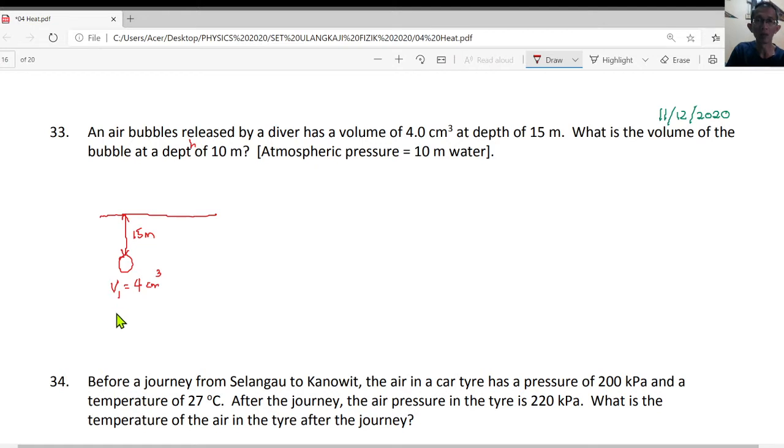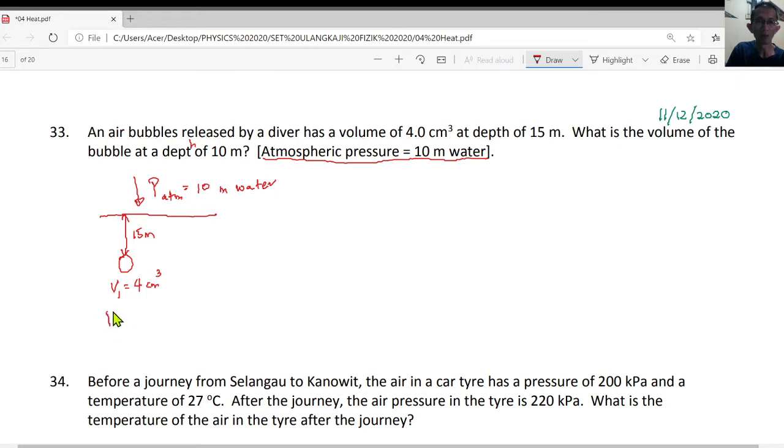And then I notice here that my atmospheric pressure is given as 10 meter of water. So I have P atmosphere pressing down. Here P atmospheric is 10 meter of water.